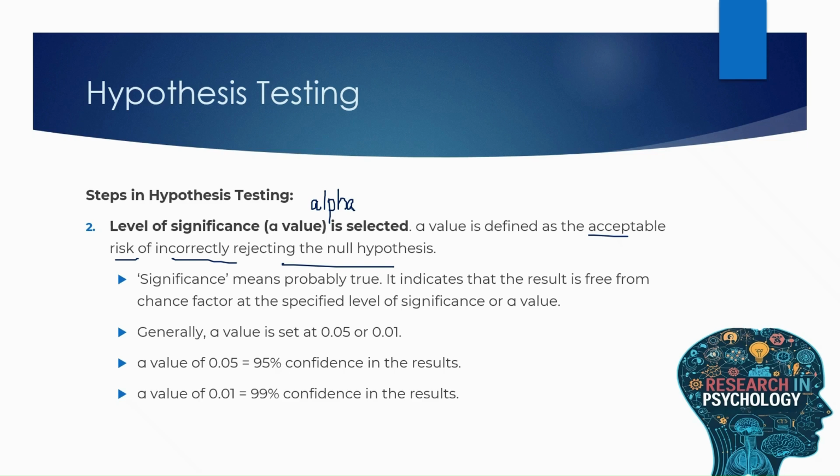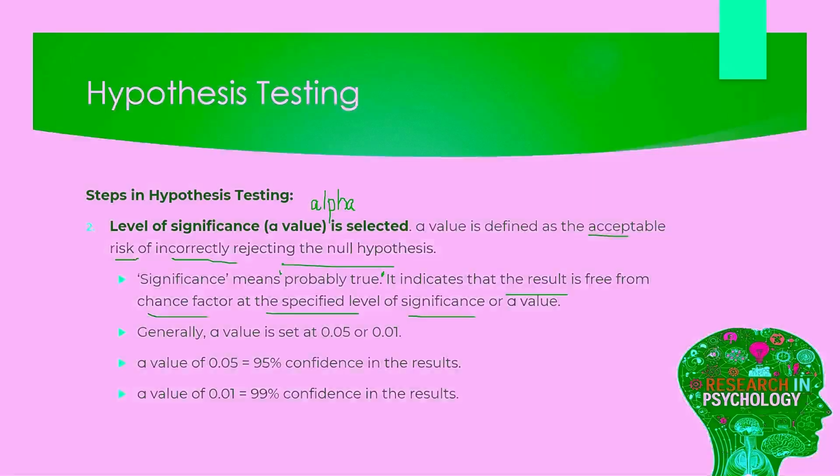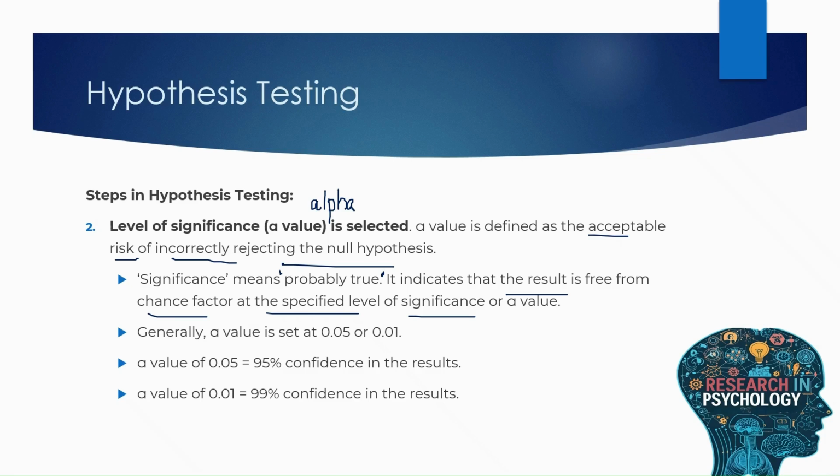Now here, significance means probably true. It indicates that the result is free from any chance factor at the specified level of significance or alpha value. Whatever the alpha value is, it's the acceptable risk, right? Within that risk, the result is free from the chance factor, and the result is actually significant or important.